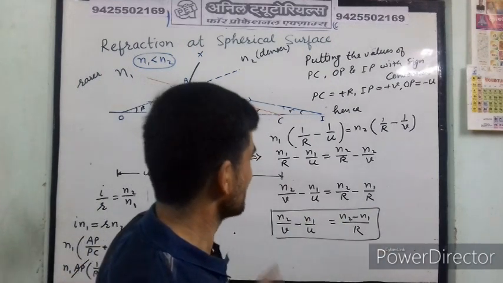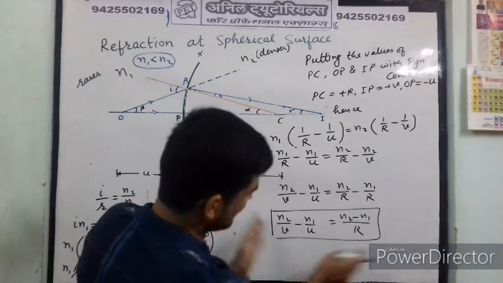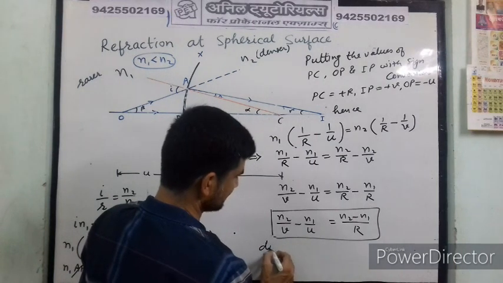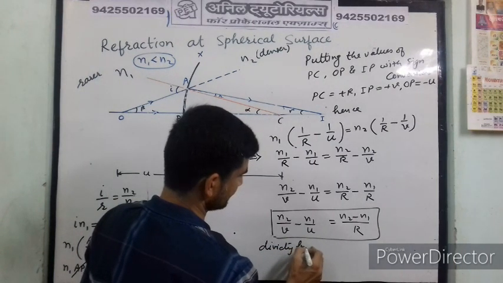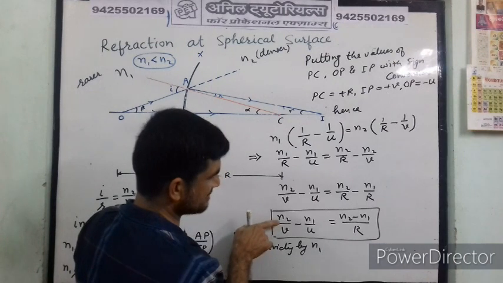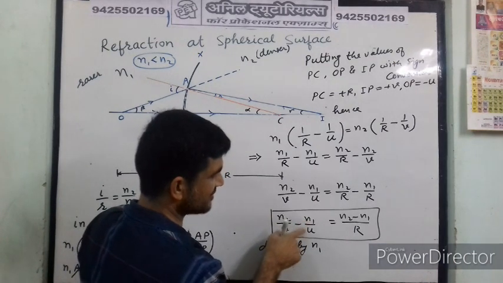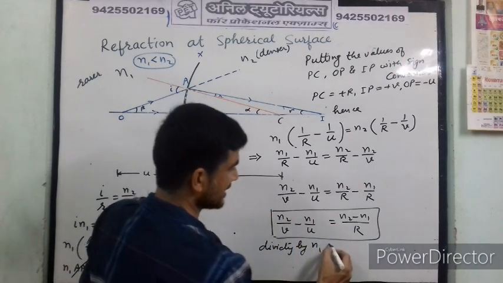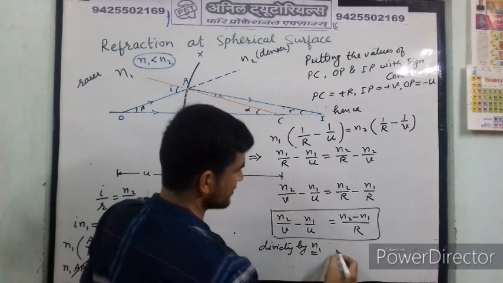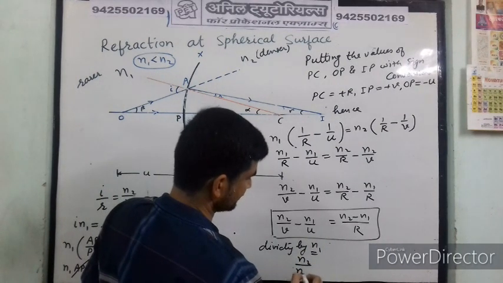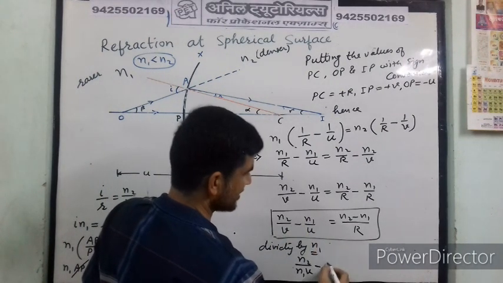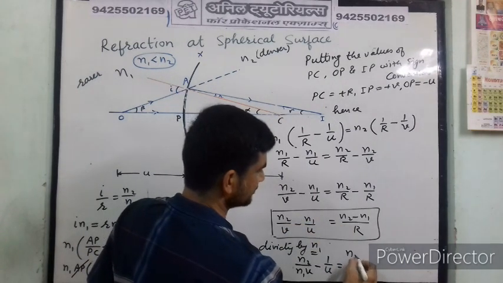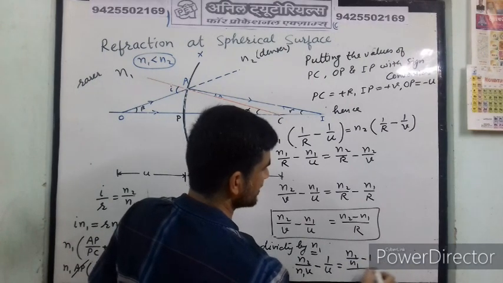Now we divide this expression by N1 on both sides. N2 upon N1 on the left, N1 upon N1 cancels out, and I am writing directly: N2 upon N1 and here 1.